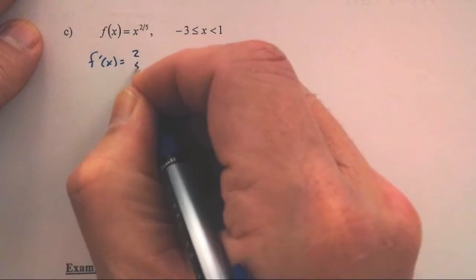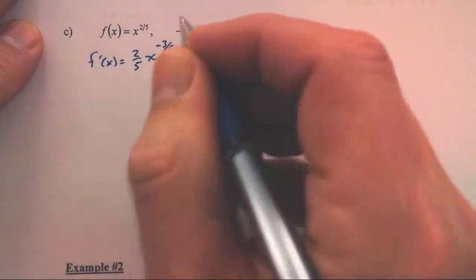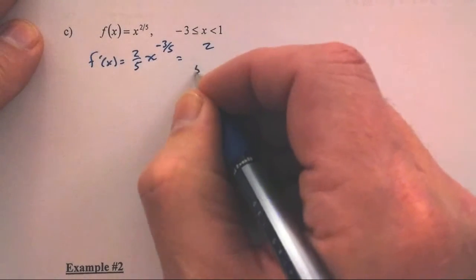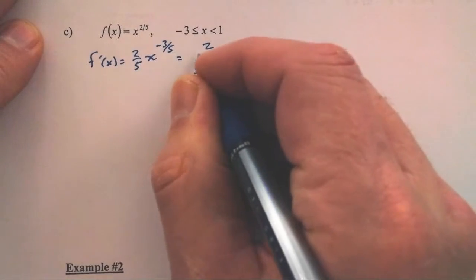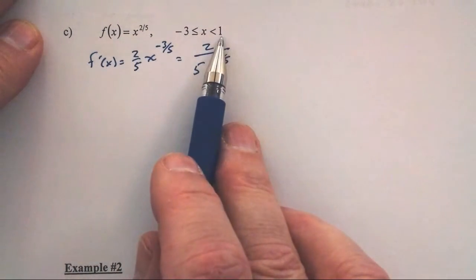So I'm going to find f prime of x, that is 2/5 x to the -3/5, or 2 on 5x to the 3/5. And we're dealing from -3 to 1.